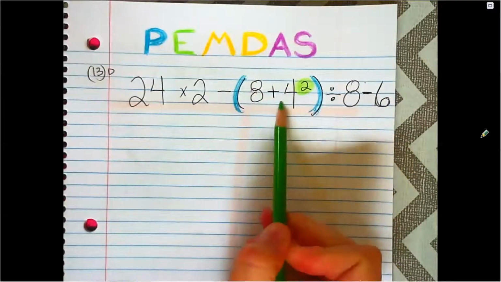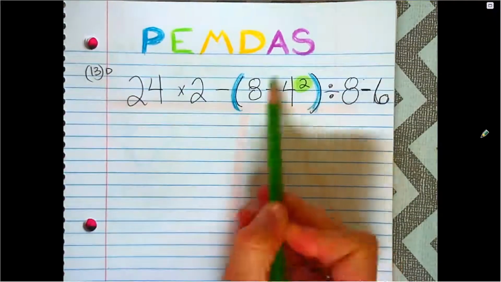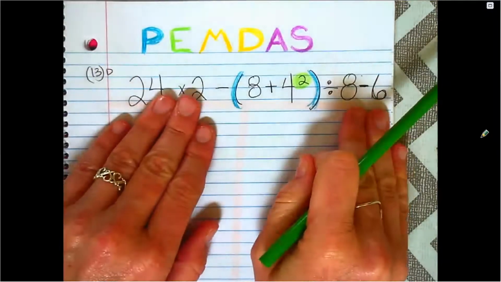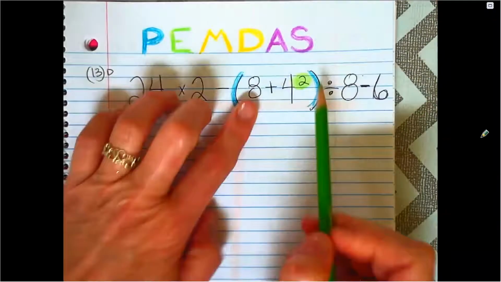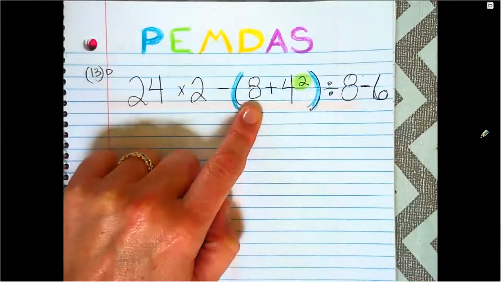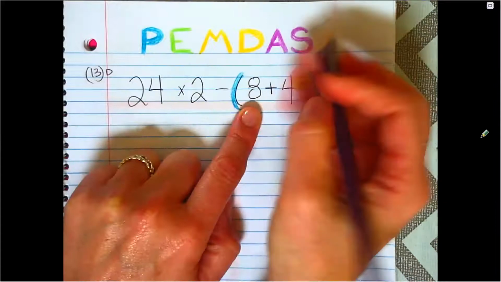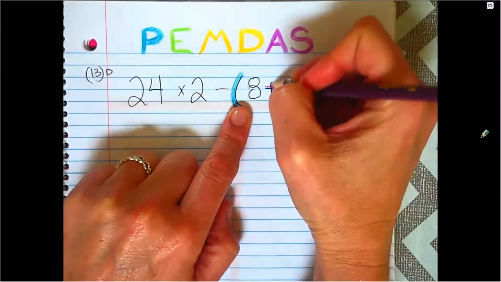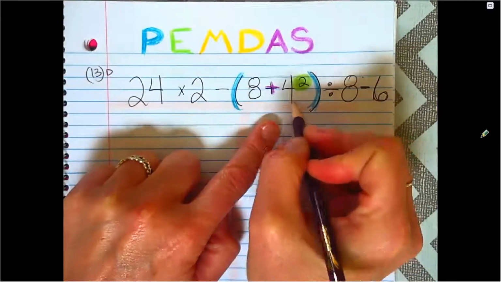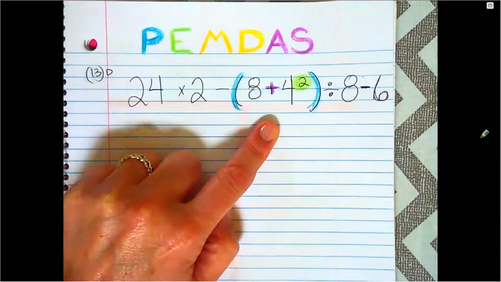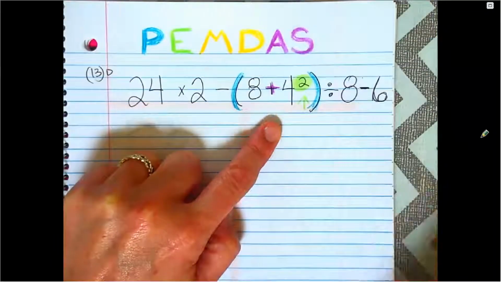Inside the exponent, we have to do all this stuff first before we can do any of the other stuff. Inside this exponent, it's 8 plus 4 to the second power. Now, according to PEMDAS, do I do addition before I do exponents? No. I have to do the exponent first.